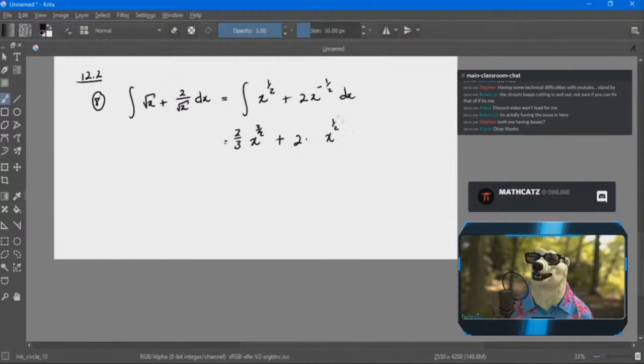But if I leave it like this, there's going to be another half popping out, and that's not in my target. That's given. So I put 2 there, so that when I take the derivative, this 1/2 will go in front, the 2 will catch it, they will cancel, and I'm only left with that 2. And of course I add a plus c, like always.